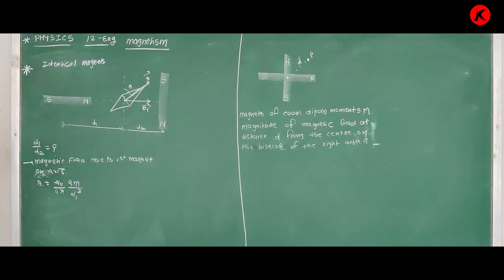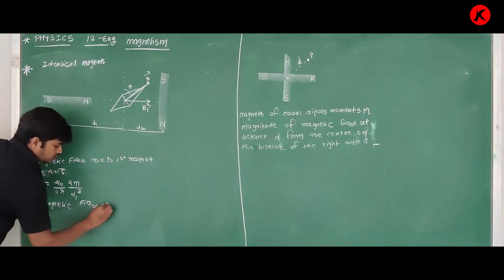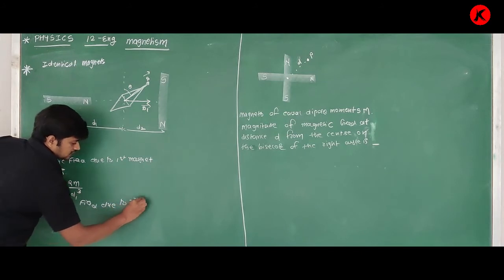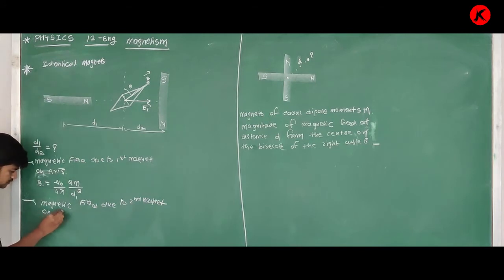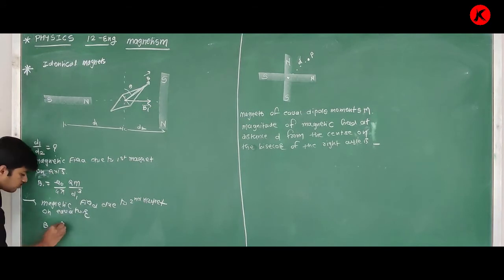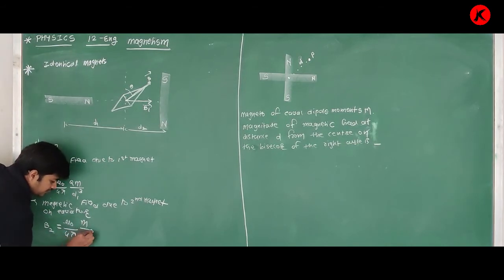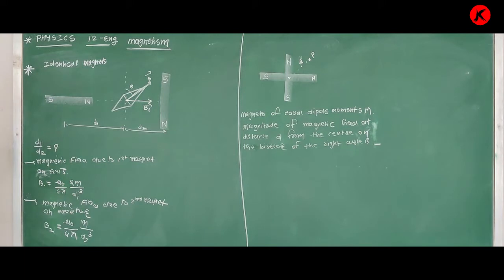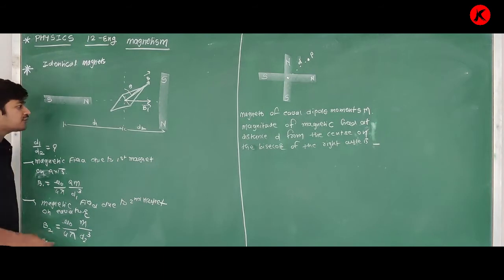Now, similarly, the magnetic field due to the second magnet, for which the needle is on the equator: B2 is equal to mu 0 upon 4 pi times m upon d2 cubed. Identical means the magnetic moments are the same. Now what is the direction of the magnetic field?